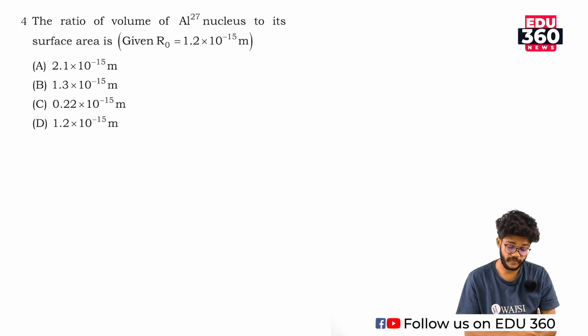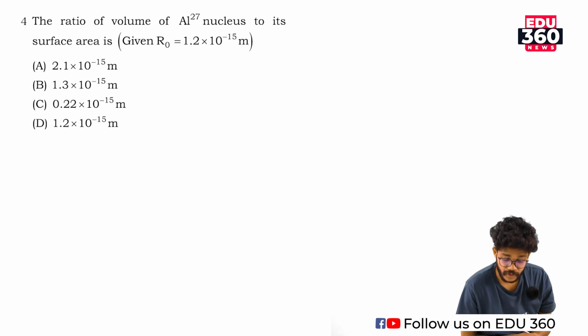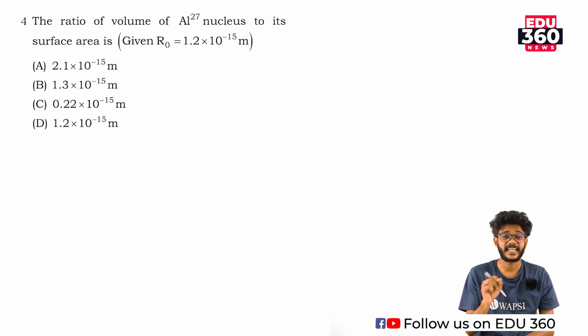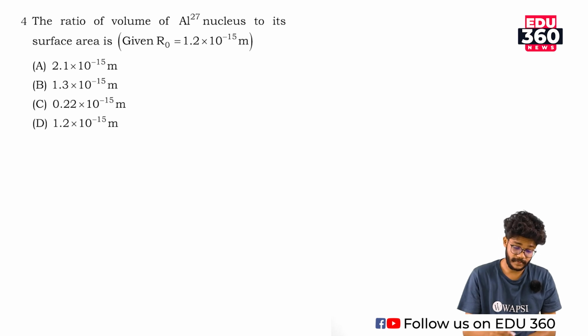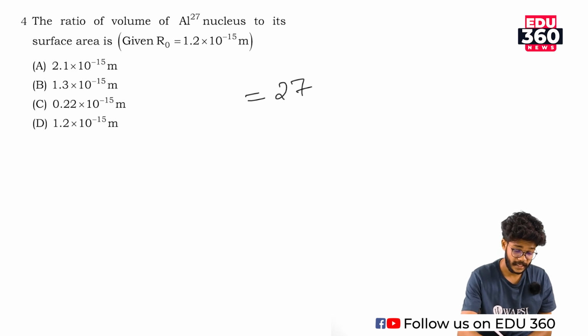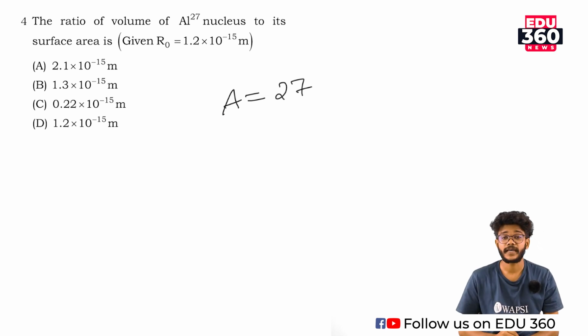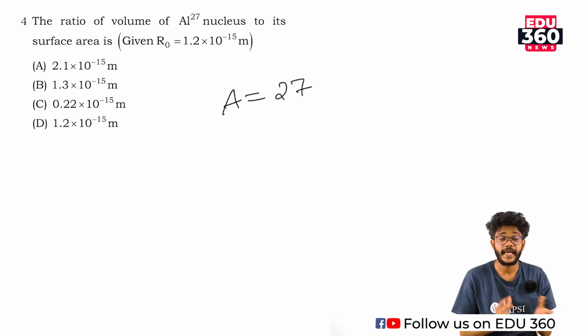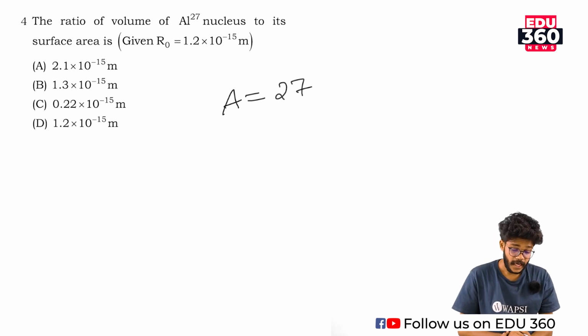The ratio of volume of aluminum 27, ZXA, that means the mass number A is given as 27, and we need the ratio of volume to surface area.